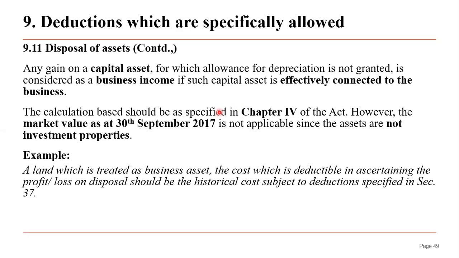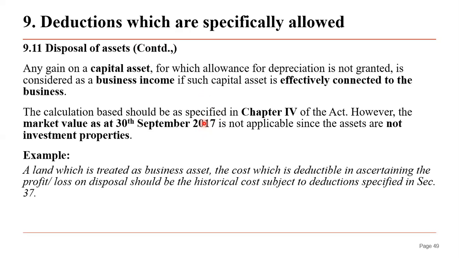Then when we are calculating the capital gain on a capital asset, we can deduct certain expenses which are incurred: agent and broker fee, agent commission, advertisement cost, and so on. They can deduct whatever the direct expenses are, lawyer fee. We will do the capital gain calculation in the next chapters.